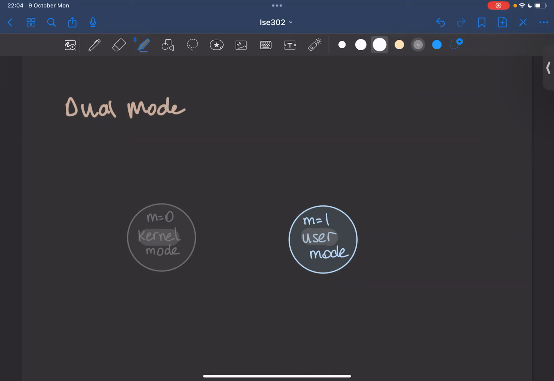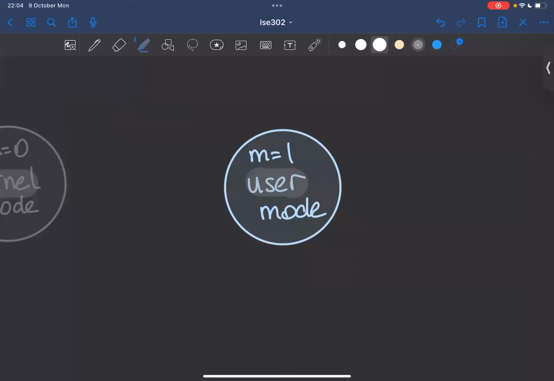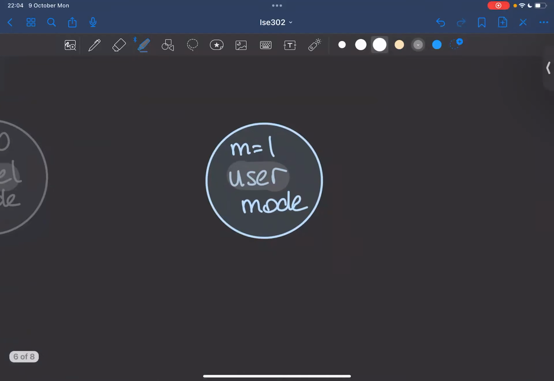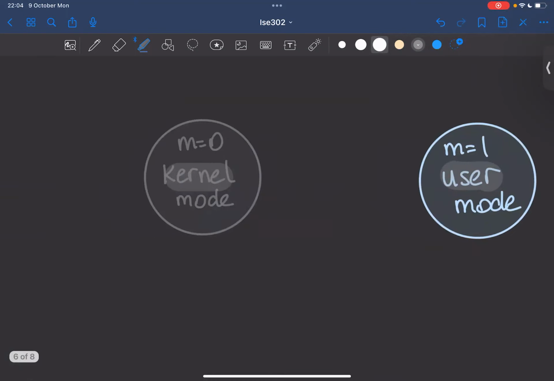So in user mode, this is when the computer is working for you, running your programs and tasks for user programs. And in kernel mode, here the computer is working for itself, specifically for the operating system. This mode handles important tasks and keeps everything executing correctly.